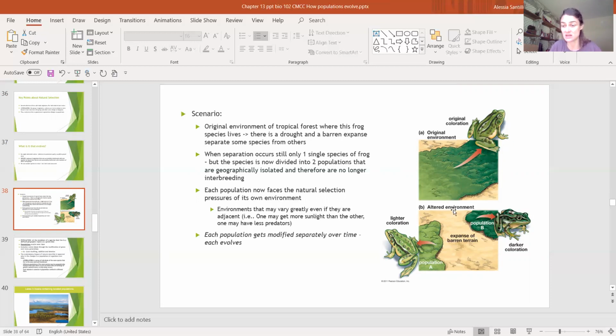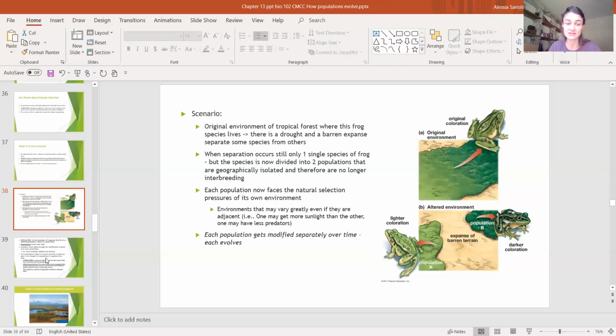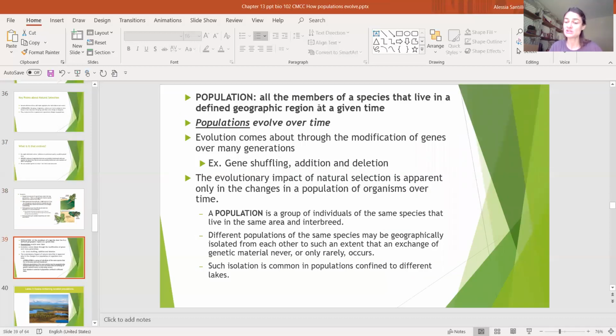Each population gets modified separately over time, each evolves, and eventually they will evolve so much, with gene shuffling, addition, deletion, etc., that they will most probably speciate and form two different species of frogs. A population is all the members of a species that live in a defined geographic region at a given time.